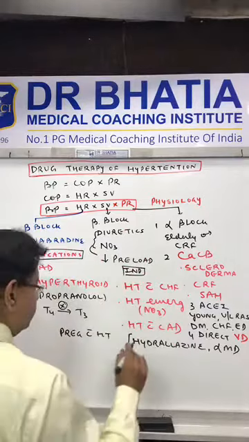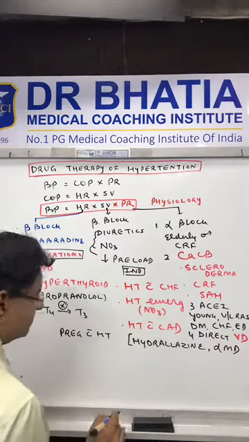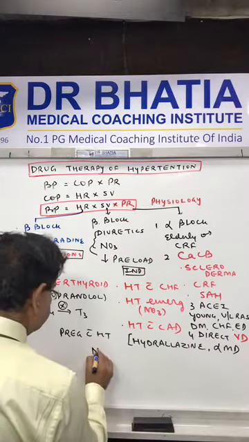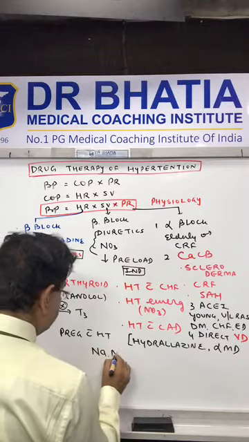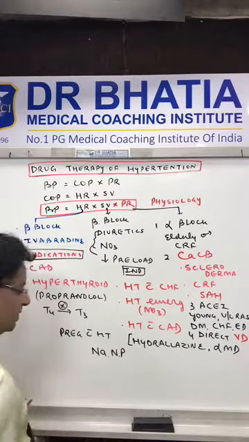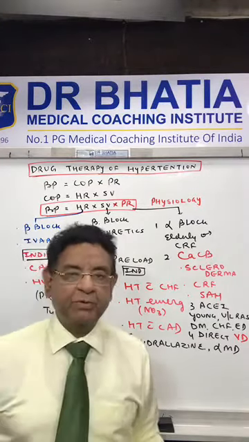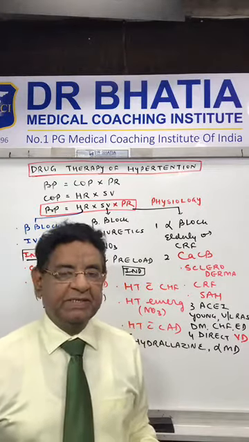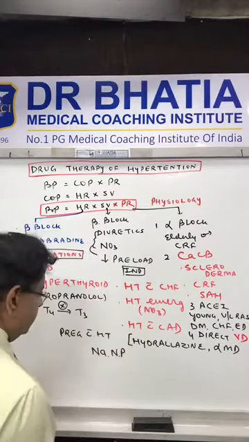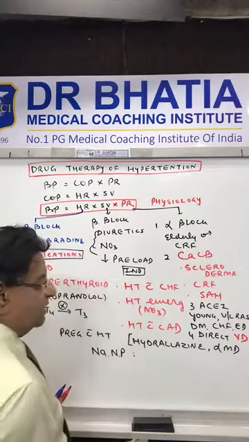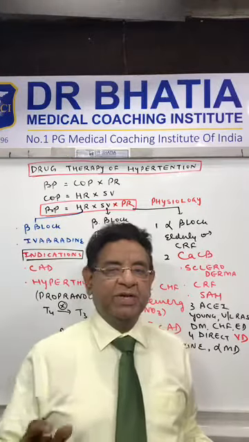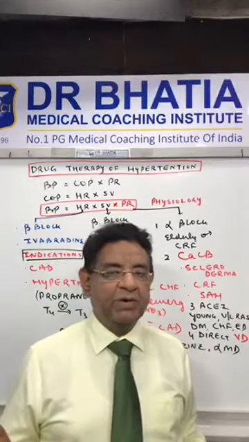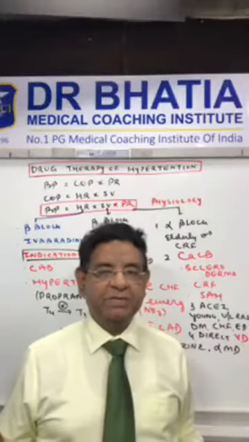And the third drug, which is a direct vasodilator, is sodium nitroprusside. It's a wonderful drug. It is the one drug which dilates the arteriole and dilates the venules.